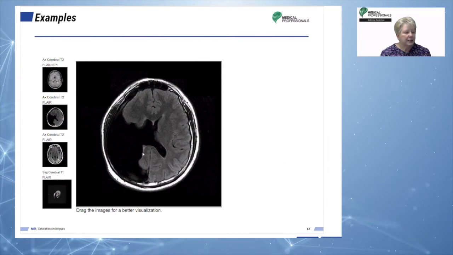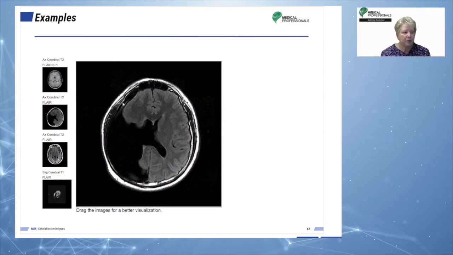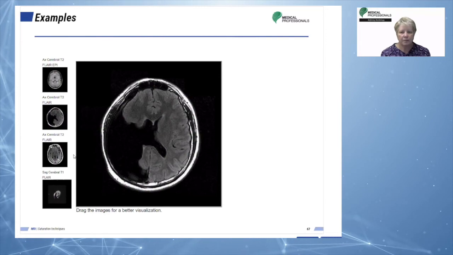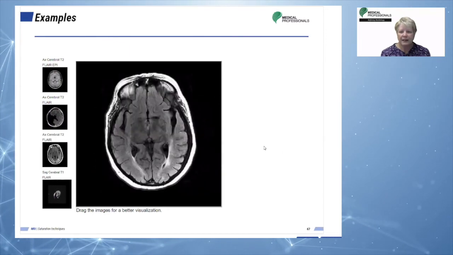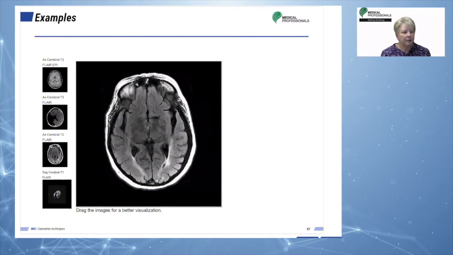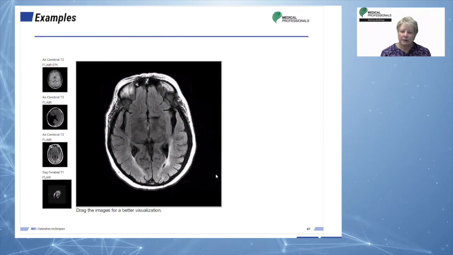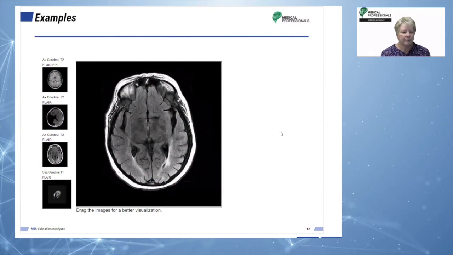Now here we see a patient that has a hematoma or a bleed. I'm not sure which one that would be without having a background. This is the other image, the other axial that's taken. And again, we look to see small lesions, small demyelinizations within the brain. Okay.